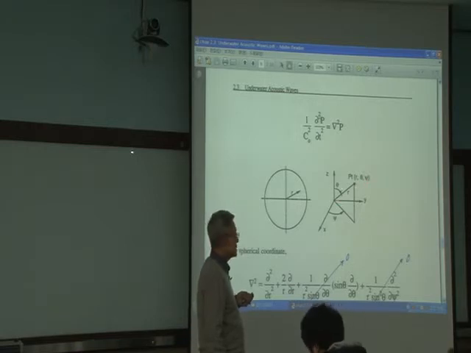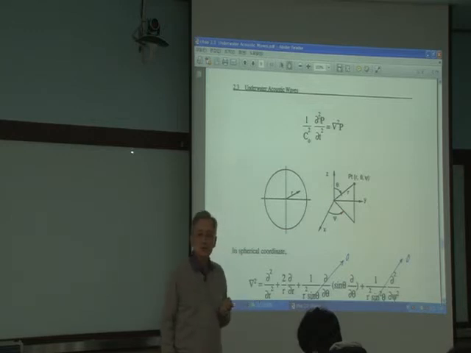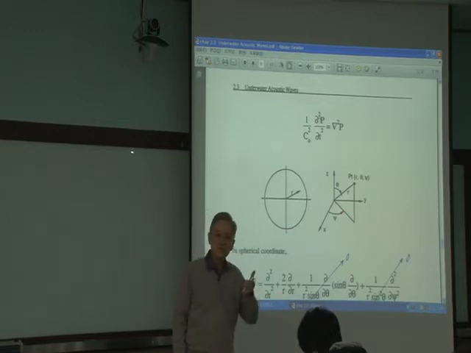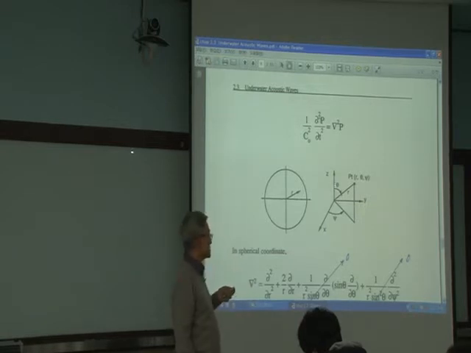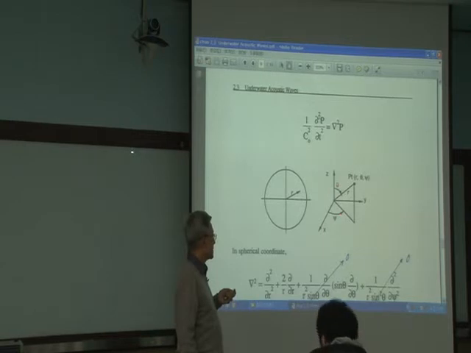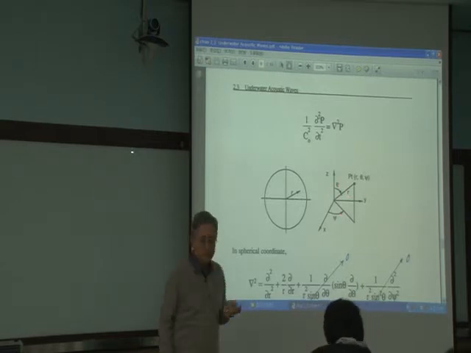Some books flip theta and psi, so you have to be careful; it's not always the same. Theta is measured from the vertical axis, and psi is from the x axis.